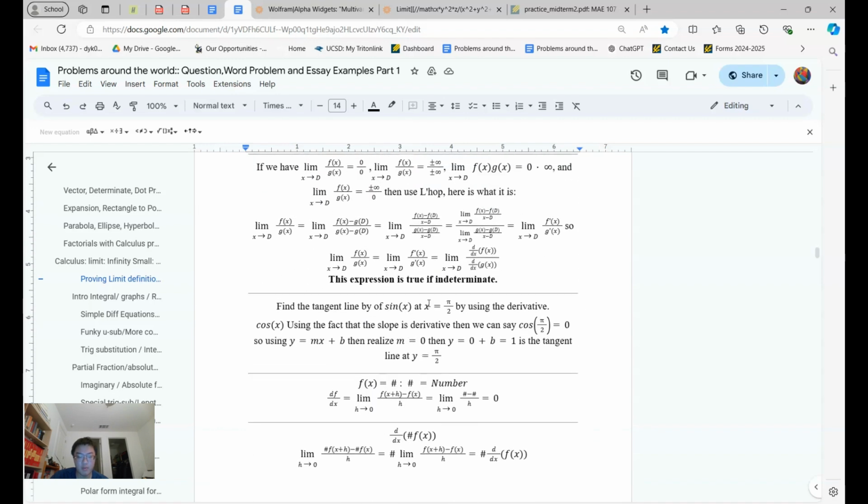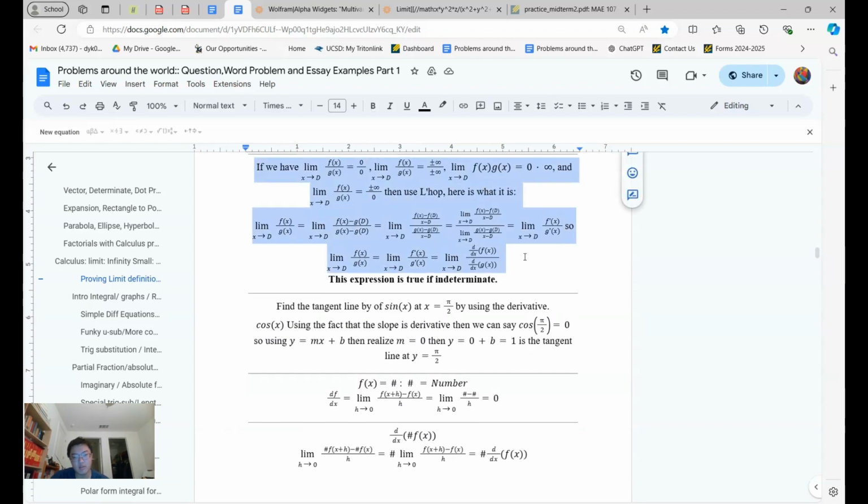For example, the way they teach you, depending on the professor, would be better off if they taught you the proof.